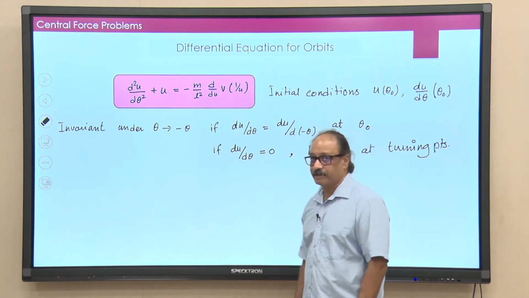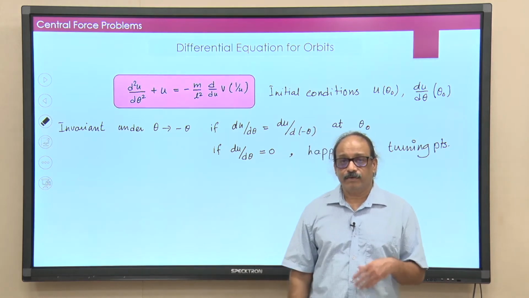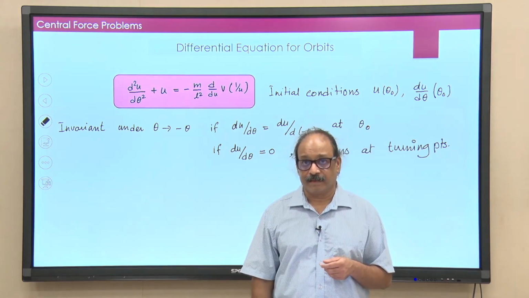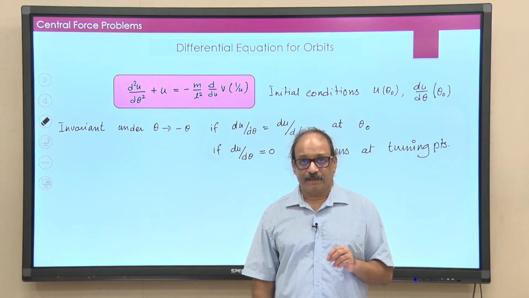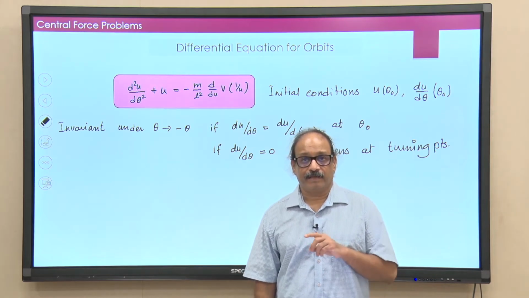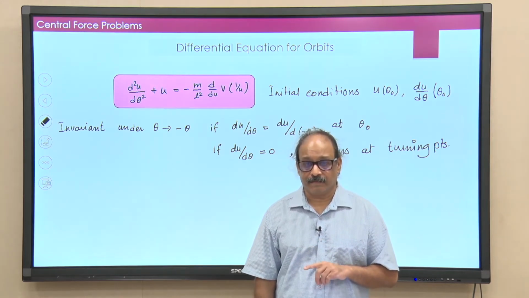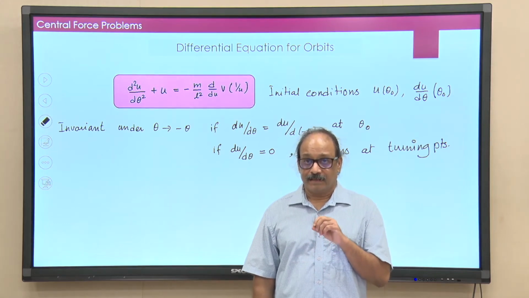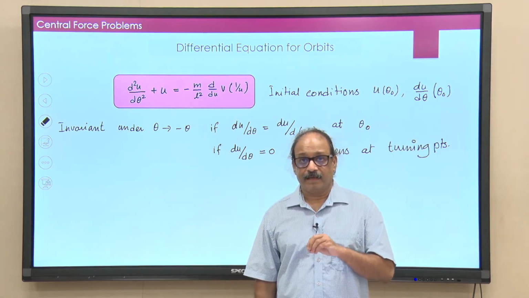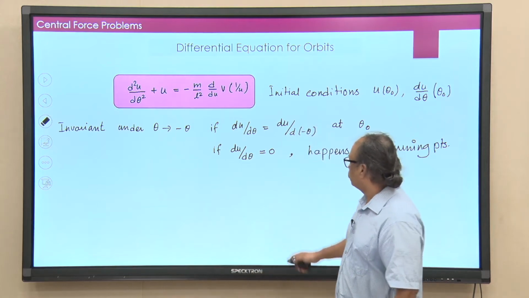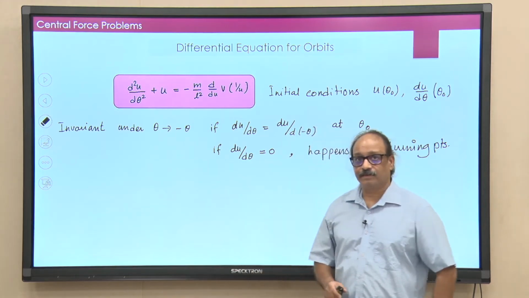Du by d theta must be equal to 0, and when do you have du by d theta equal to 0? Du by d theta equal to 0 also automatically means dr by d theta is equal to 0. That means this will happen at the turning point.